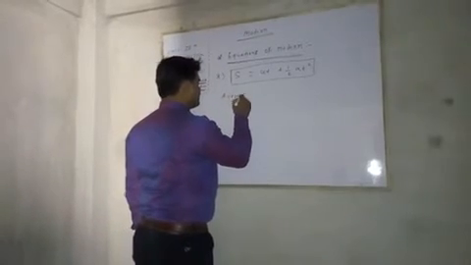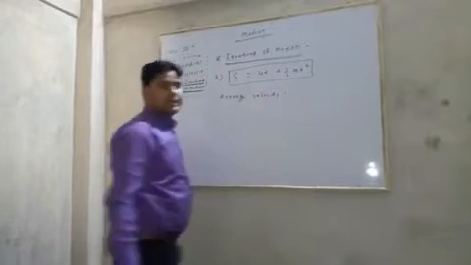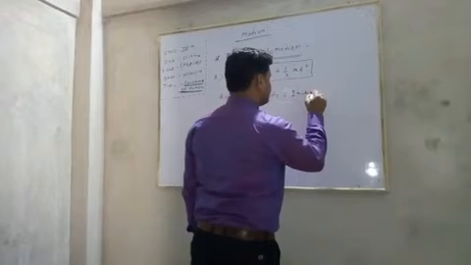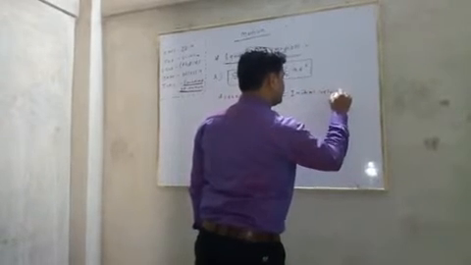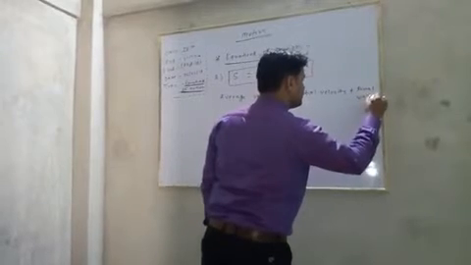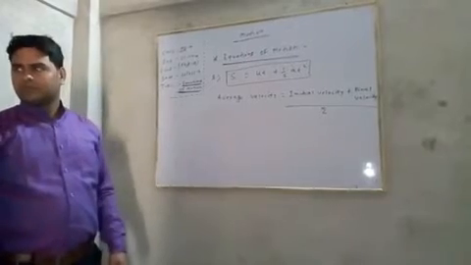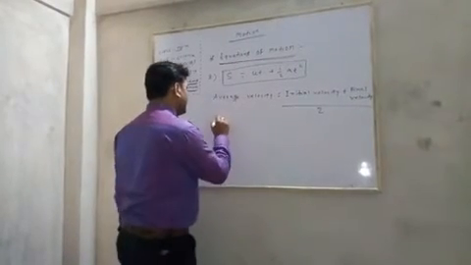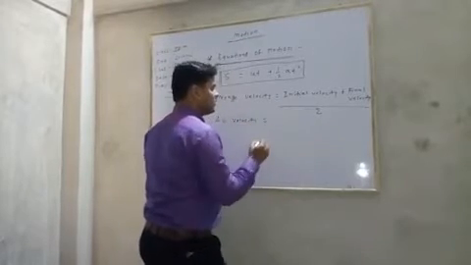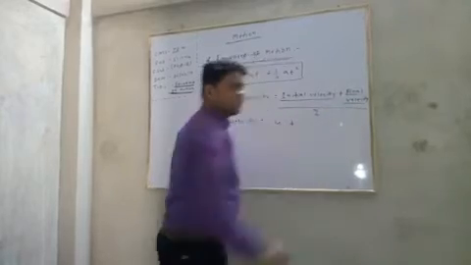Average velocity of a moving body is given by initial velocity plus final velocity by 2. Understand? Yes, sir. In short, we can write it: average velocity is equal to u plus v by 2, where initial velocity is denoted by symbol u and final velocity is denoted by symbol v.